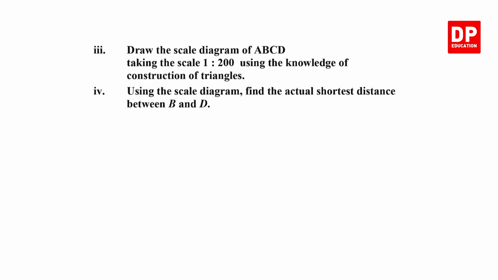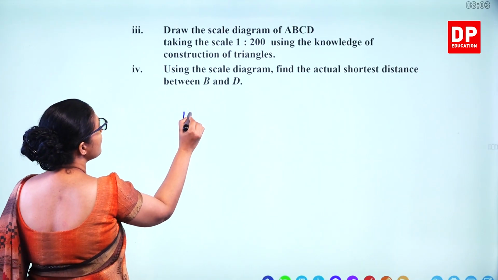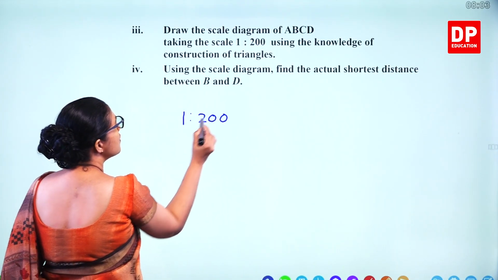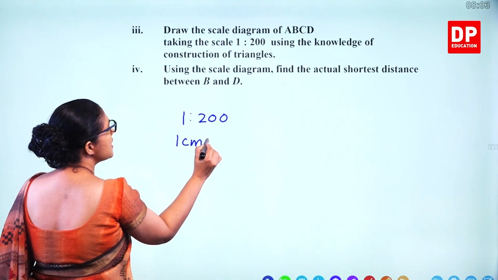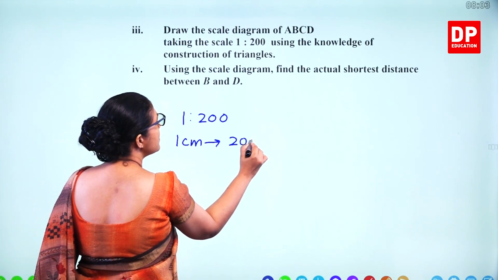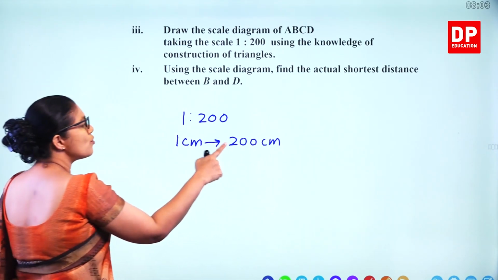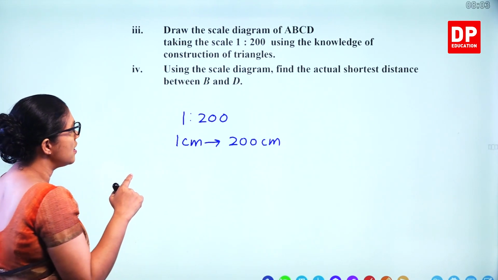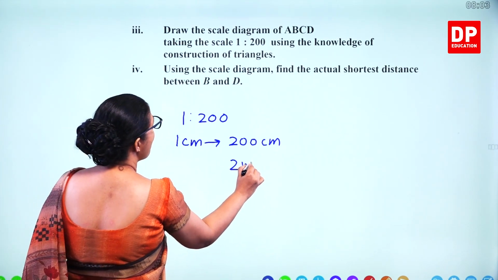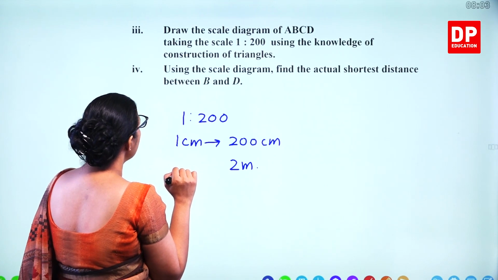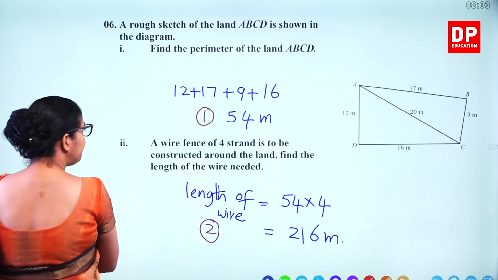Part 3. Draw the scale diagram of ABCD, taking the scale 1 to 200, using the knowledge of construction of triangles. 1 to 200. So what it means, 1 centimeter is 200 centimeters. So when you divide by 100, you get 2 meters. Let's take the diagram.